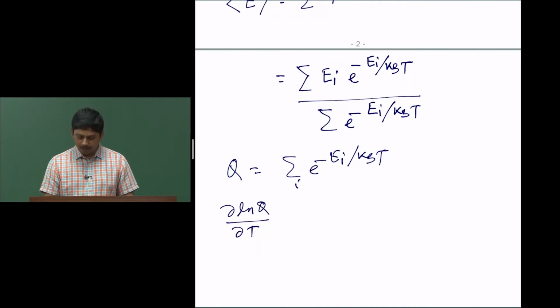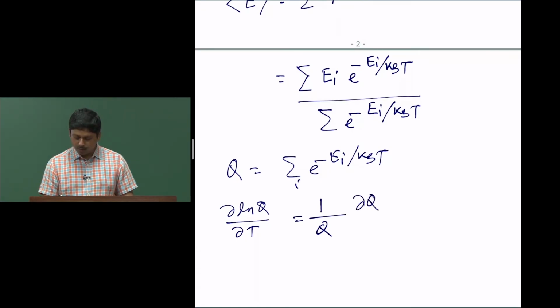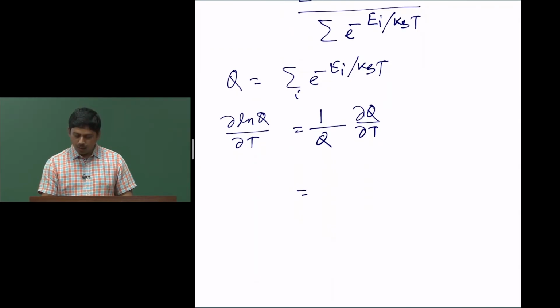Let us see. If I do that, then del ln q by del t is 1 by q del q by del t. So, q is this one, so I am going to get 1 by q into del q by del t.